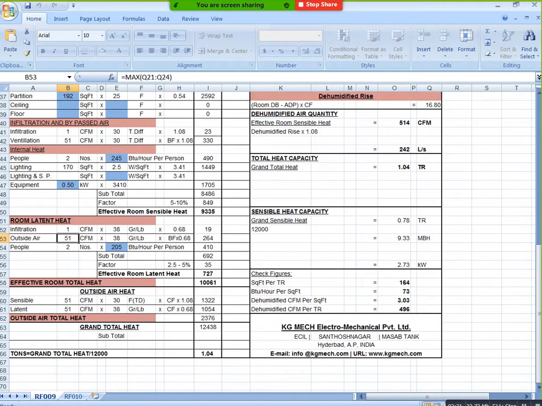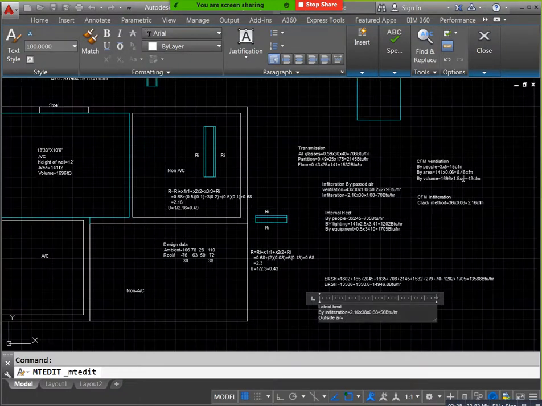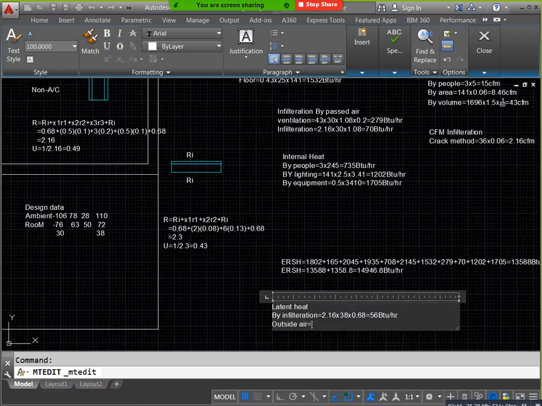Now I can mention CFM ventilation. Here we got three values now: CFM ventilation 15, 8.46, 43. But whichever is the higher value, we need to take that one. That's why you can mention 43, humidity ratio difference 38, into bypass factor 0.2, into 0.68.